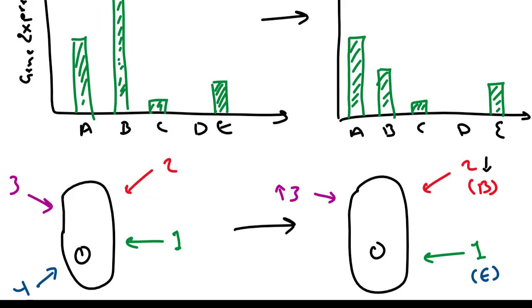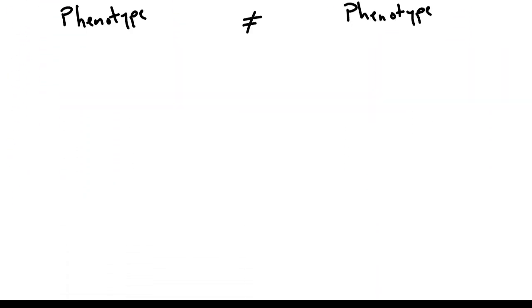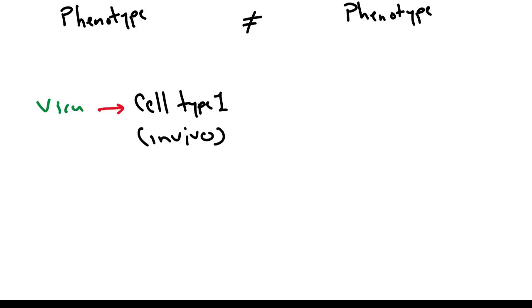An example of this would be, and this is actually a very good example to highlight what I mean by this. Again, a virus example because I'm a virologist. There are viruses that we know exactly what cells they infect within the organism. So we have a virus, we know what cell it will infect, cell type 1, in vivo, and of course the cell gets infected and makes more virus.